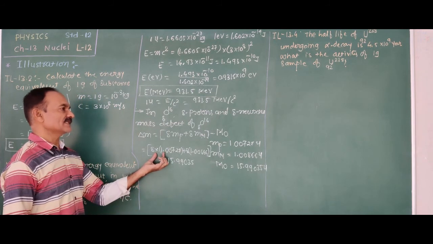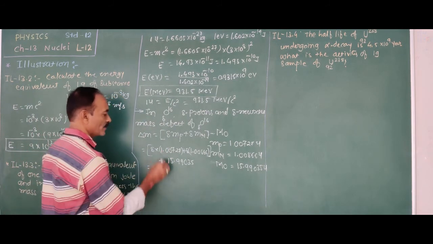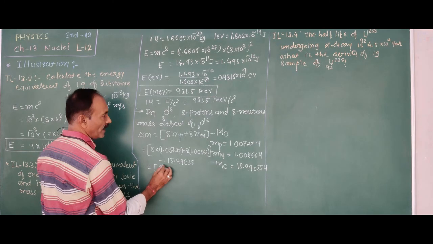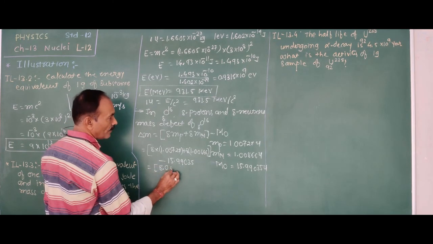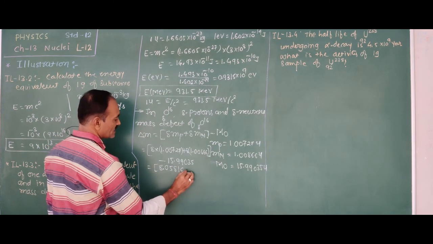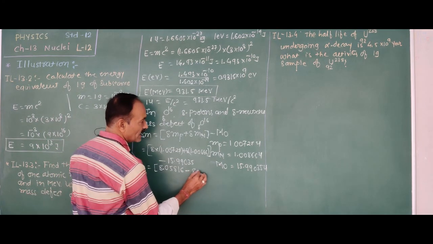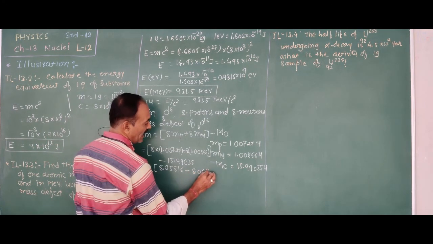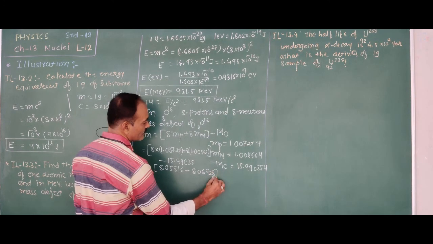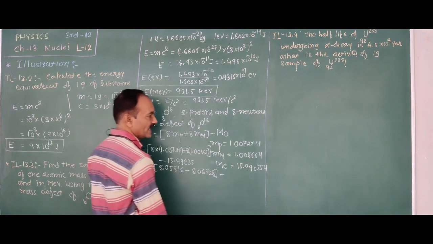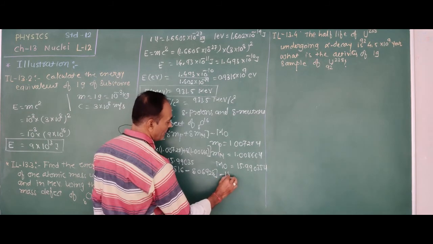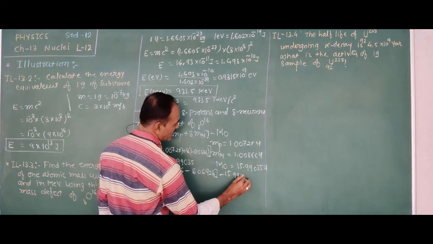First we multiply: the mass of the 8 protons is 8.05816, plus the mass of the 8 neutrons 8.06928, minus the mass of oxygen, 15.99035.